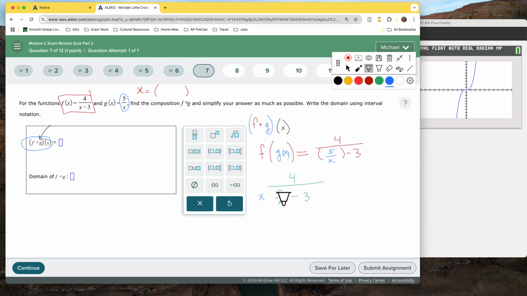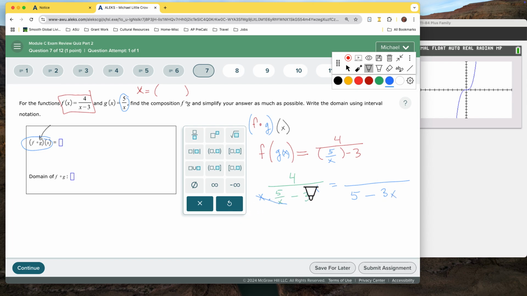So this X has to distribute. We have to multiply it here, and we have to multiply it times the 3. Okay. So in the denominator, X divided by X, that's going to be 1. So we're left with 5 minus 3 times X is 3X.